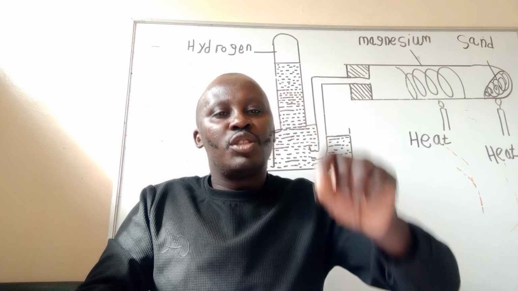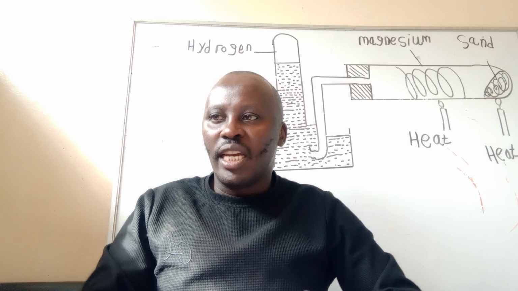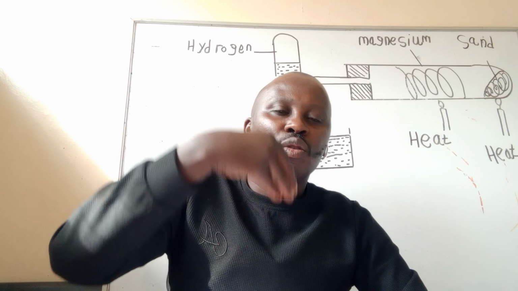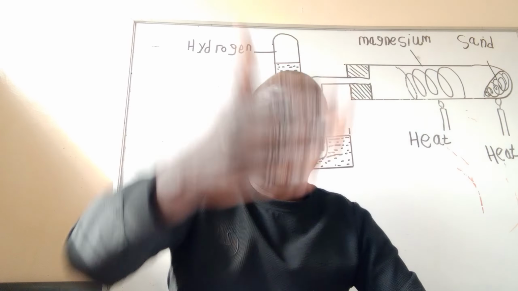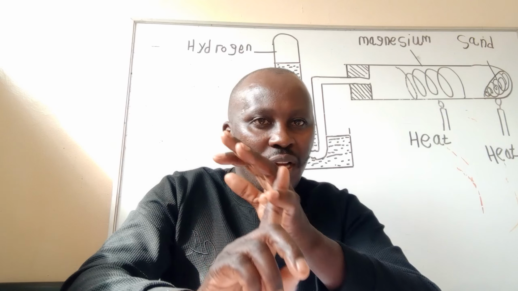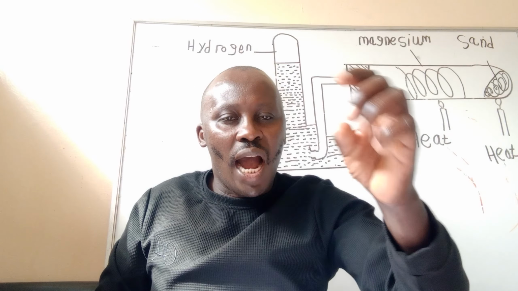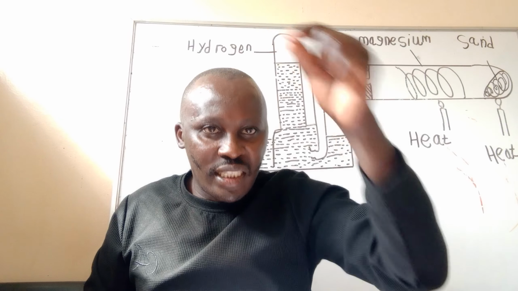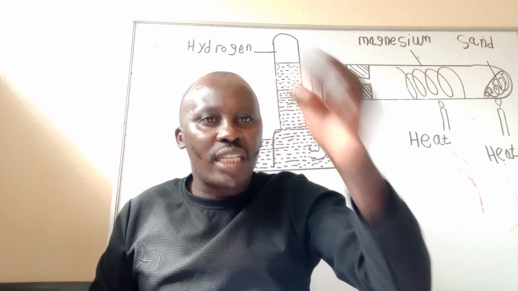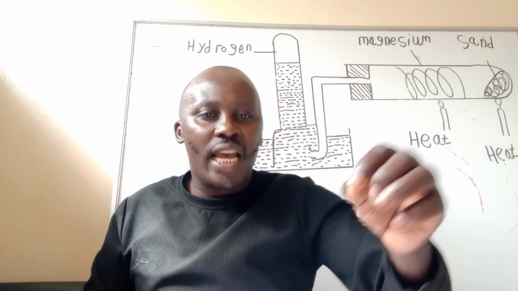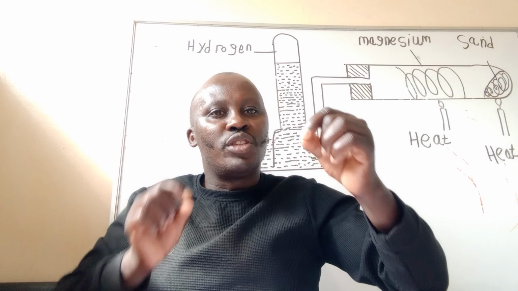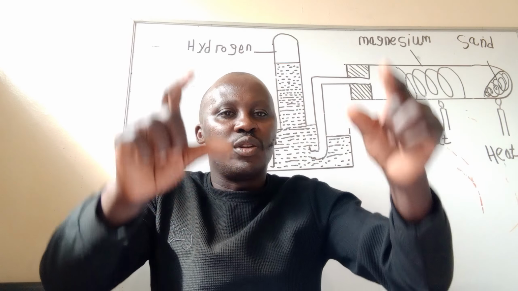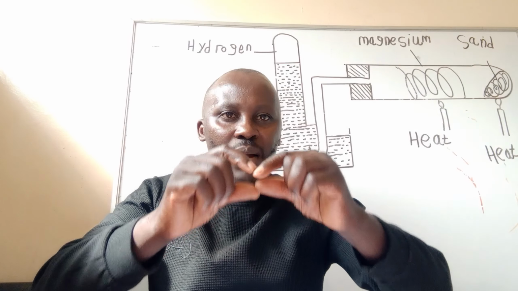Number 2, it is to generate steam. The steam generated reacts with the magnesium ribbon. So the first one is to drive out the air that was initially in the test tube, which could react with the magnesium ribbon. Then the other reason is to generate steam that will react with the magnesium ribbon.